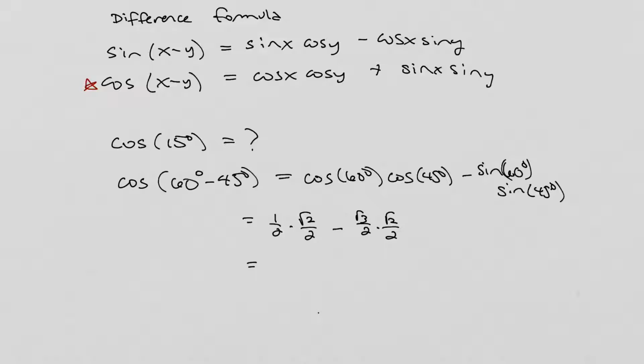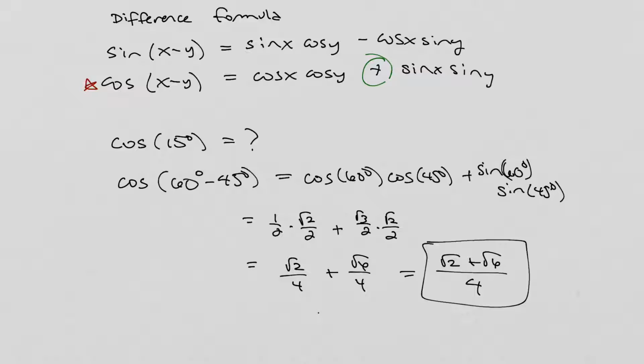Of course, I could actually write down the formula correctly, because it's supposed to be a plus right there. So let's make this a plus. So that's square root of 2 over 4 plus the square root of 6 over 4, which combines into one fraction to give me that.